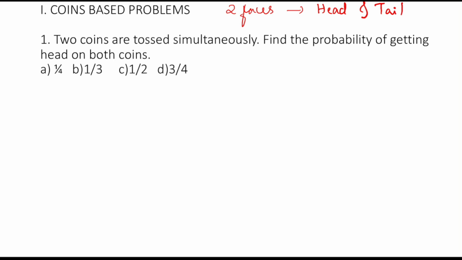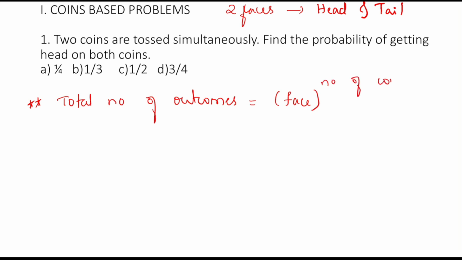And one important formula to solve coins based problems is the total number of outcomes, or total number of results, which is given by the faces raised to number of coins. In a coin we know there are two faces, so 2 raised to n, where n is nothing but number of coins.